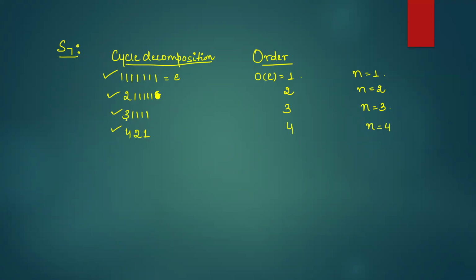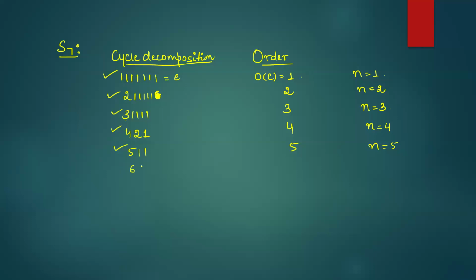Now, can the value of n be 5? Of course, yes, it can be 5. 5 and 1 1 का लेंगे, because if I take 5 and 2, order of the element 10 हो जाएगा. So 5 1 1. So इधर order of the element is 5. Therefore the value of n is equals to 5.